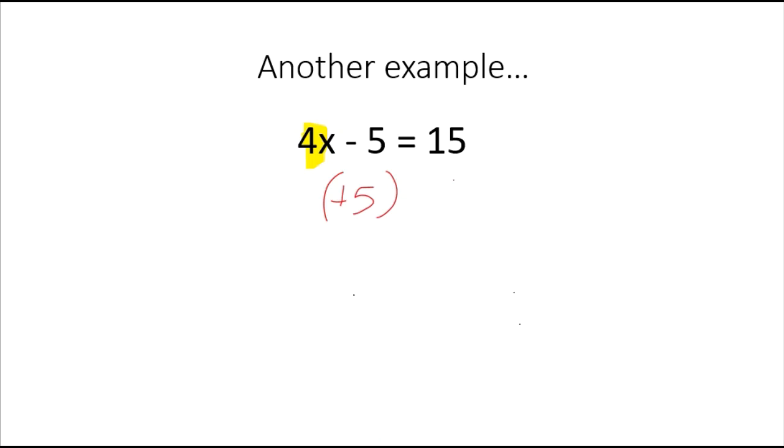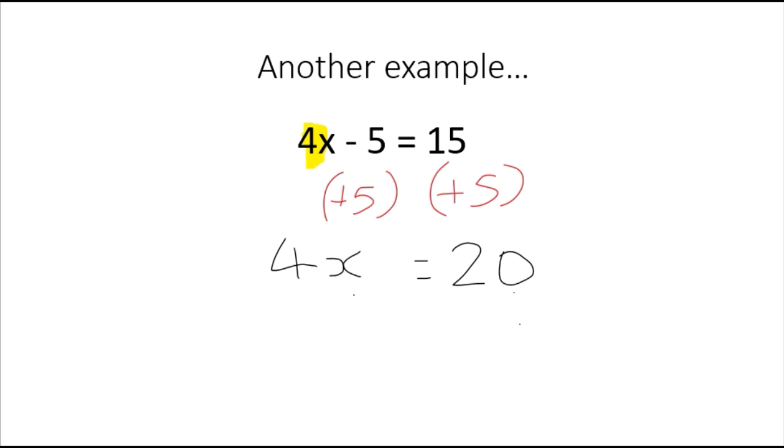Now what I do to one side, I need to ensure that I do to the other side. Therefore, let's work with the answer side first. 15 plus 5 is equal to 20. 4x remains as 4x. And minus 5 plus 5 is equal to 0. So I'm not going to write that on there.